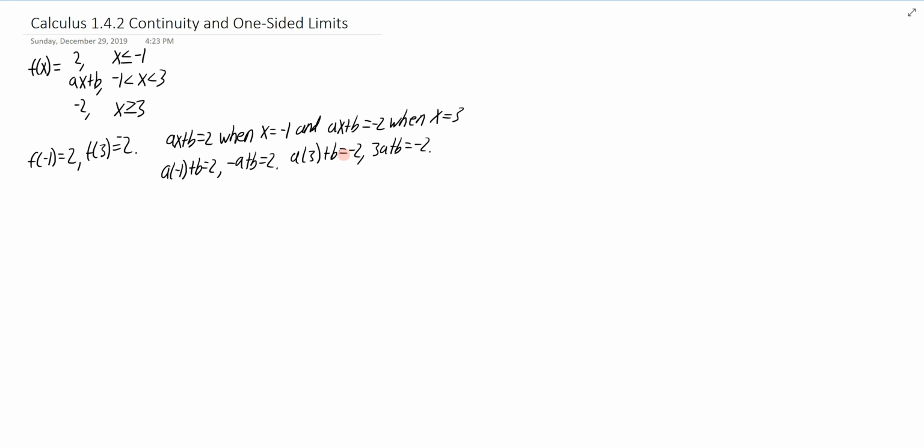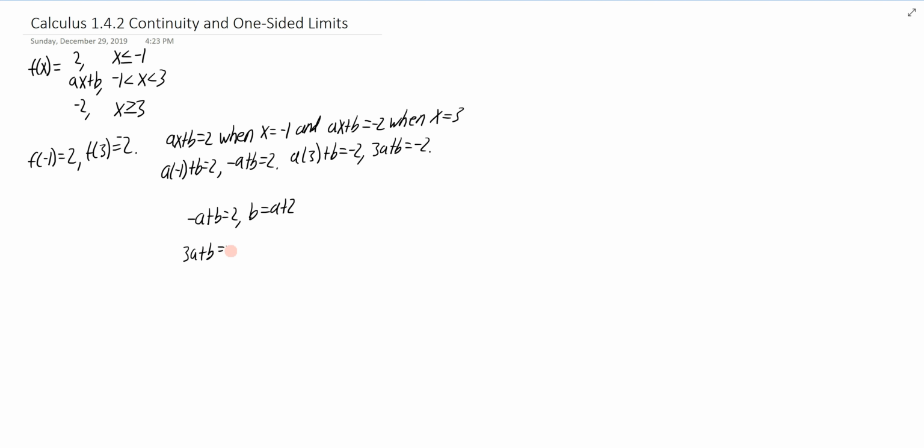Then we say, okay, if we have -a plus b equals 2, then b is just going to be equal to a plus 2. And so we're just going to practice some substitution. The other part that we have is 3a plus b equals -2.